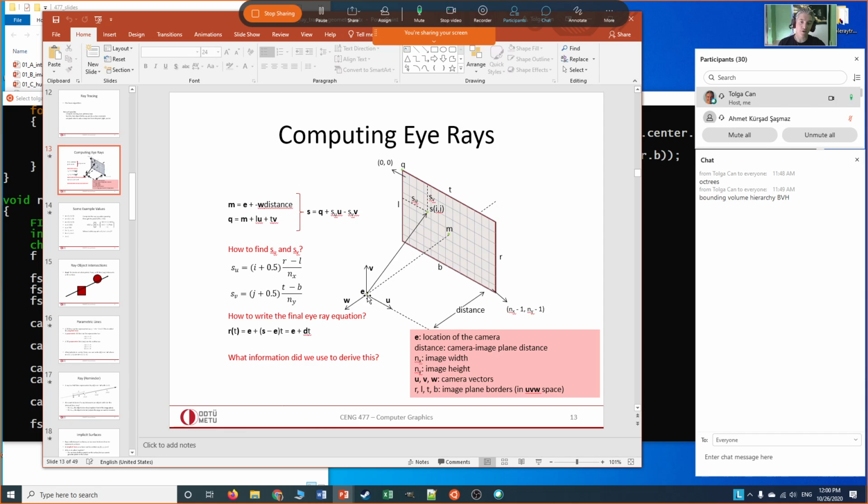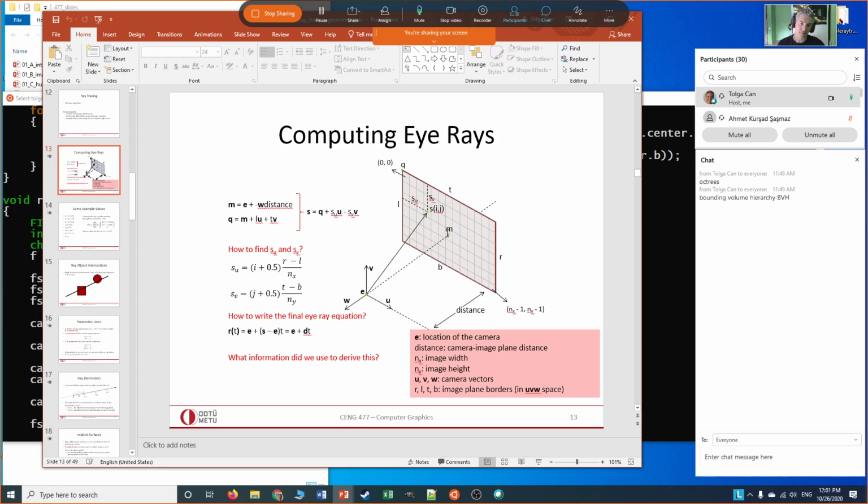So this is one unit of this distance in your ray equation, and this is really easy. Maintaining it unnormalized as s minus e is really convenient, because the distance from e to s is changing with the angle. For different pixels, the length of this ray is different, right?